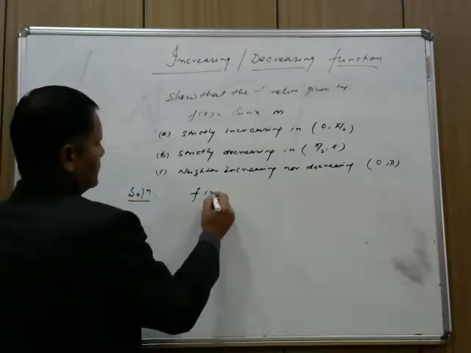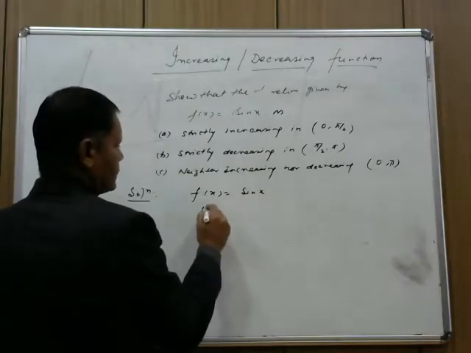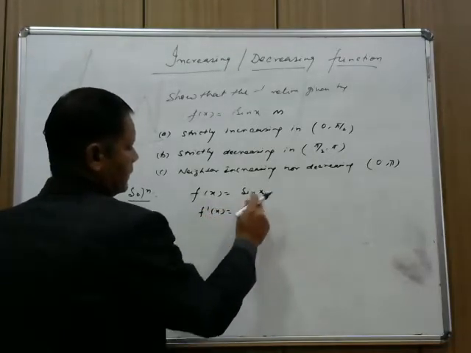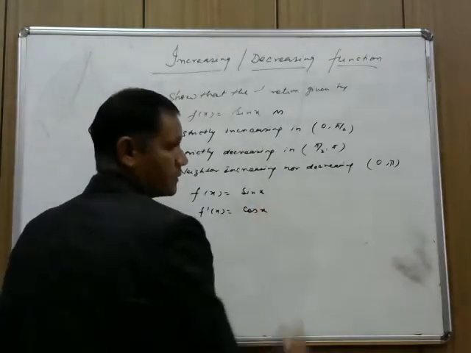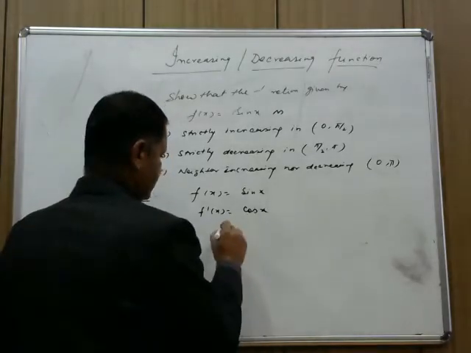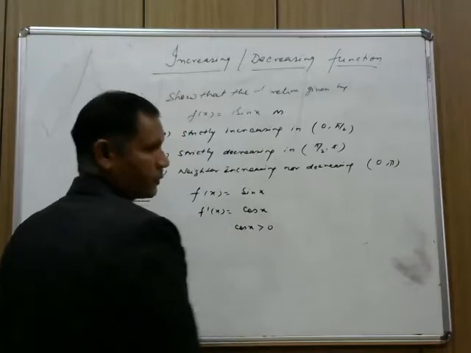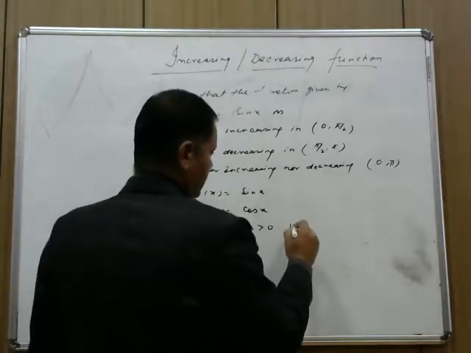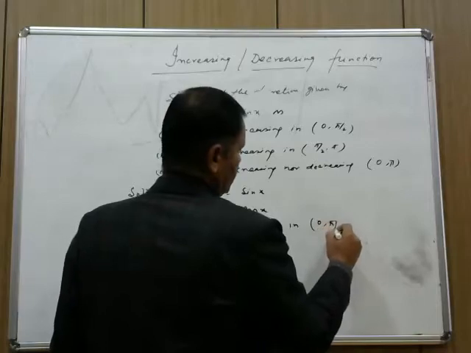See, f of x is equal to sin x. F dash of x will be cos x. And now you know that cos x is greater than 0 in the interval 0 to pi by 2. Yes or no?